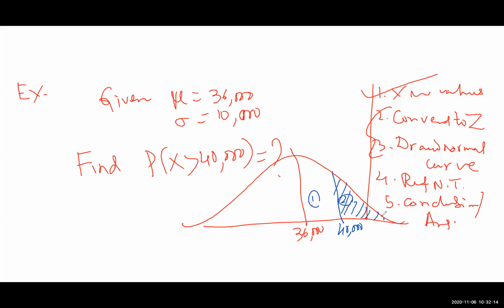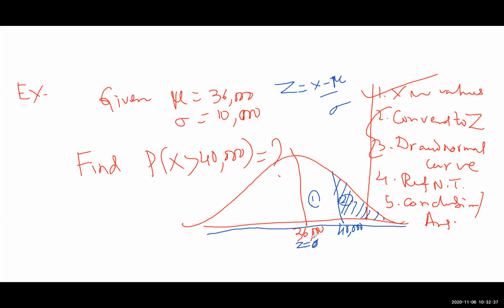Now these are X values. As you might have seen, parallelly, you can also have Z values. When X is 36,000, what will be the Z value here? The formula for Z is (X minus mu) by sigma. Thank you, Suyasi.